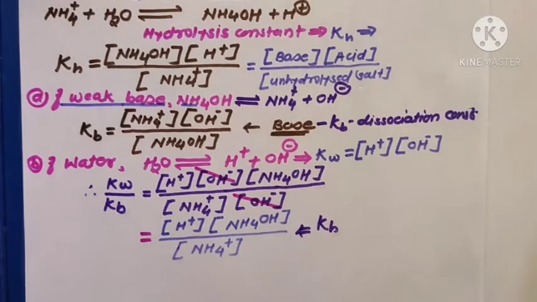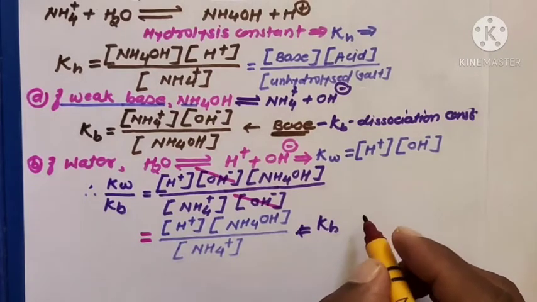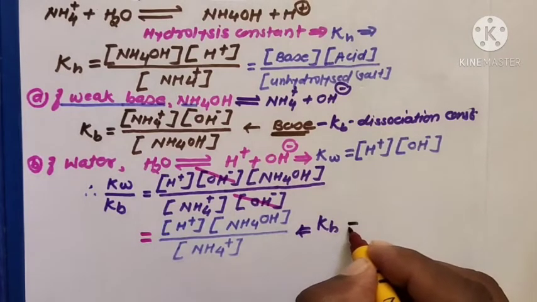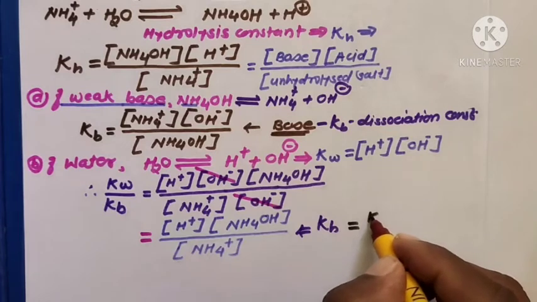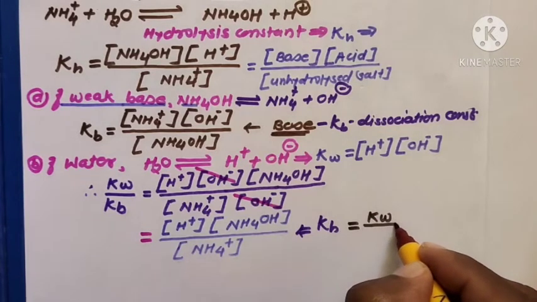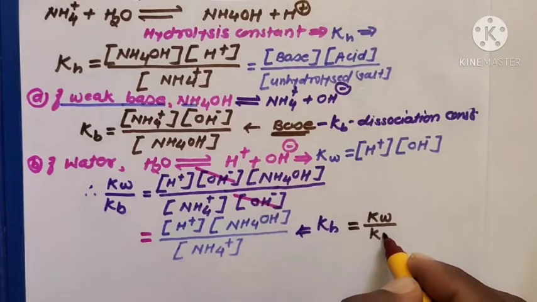Therefore, KH is equal to Kw divided by Kb.